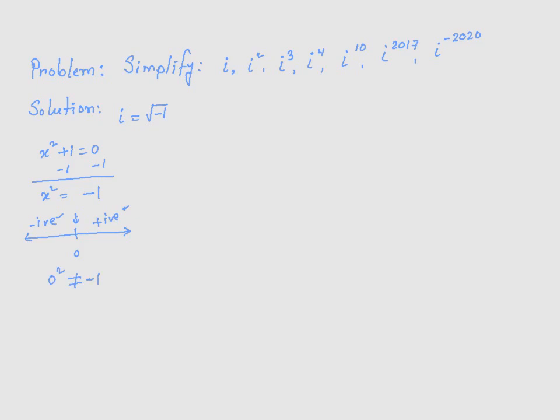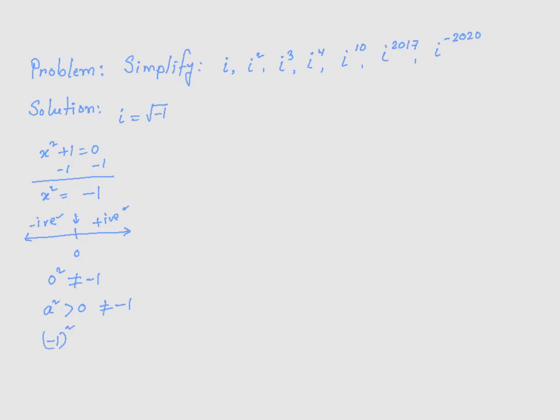If I take any positive number, doesn't matter what it is, let's call it a, then a square is also positive, meaning it's greater than 0, which means that's not equal to -1. What if I take a negative number, any negative number? Let me give you an example like -1. It doesn't matter, you can pick any negative number.